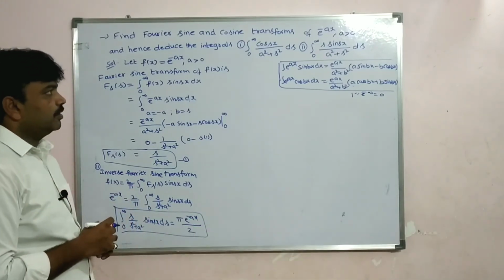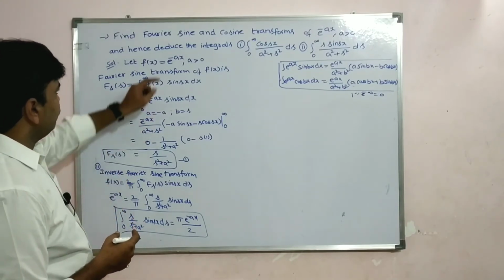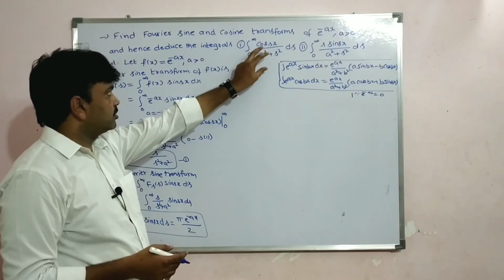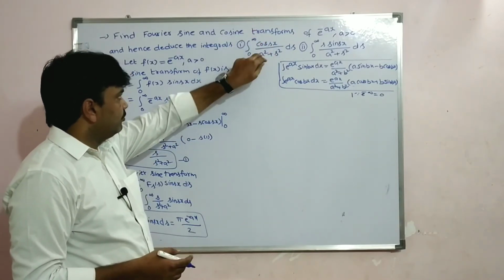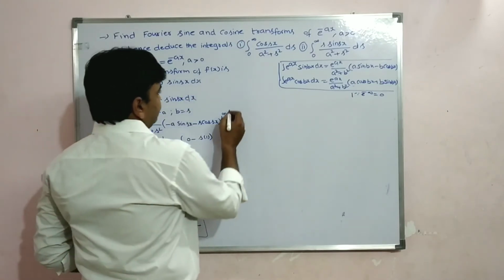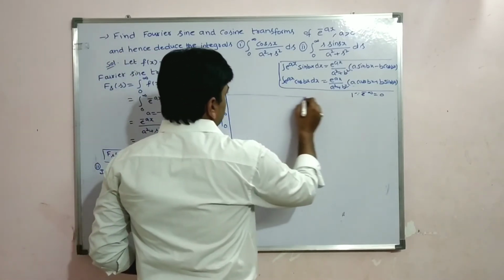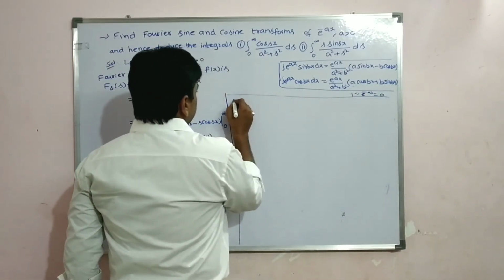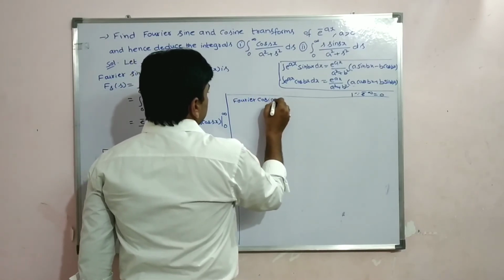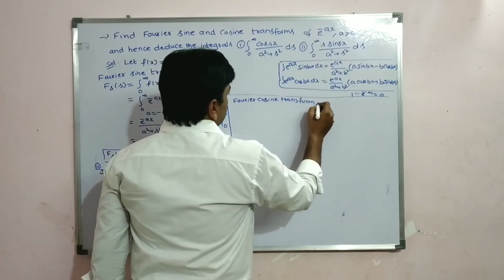Similarly, we can find the Fourier cosine transform, and hence by using the Fourier cosine transform we can prove the first one. Fourier cosine transform, what is the formula?